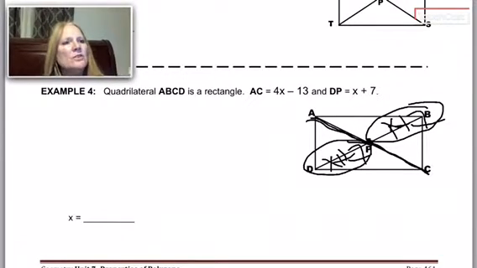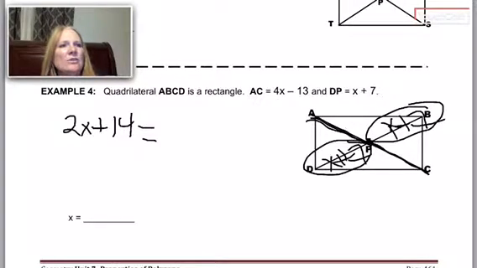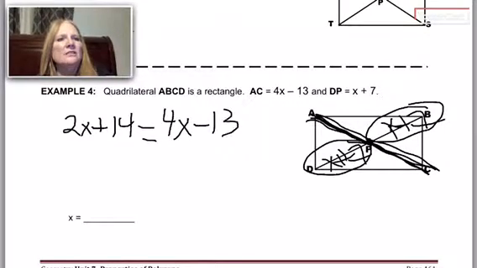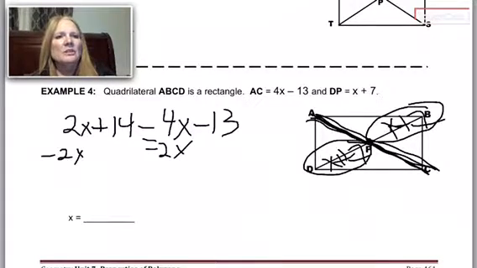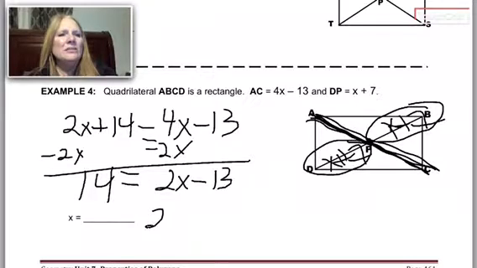So we can add those two together and get 2x plus 14 and set that equal to the whole diagonal here, AC, 4x minus 13. And so it's an algebra problem. Subtract 2x, we get 2x minus 13 equals 14. If you add 13 to both sides, we get 27 is equal to 2x.